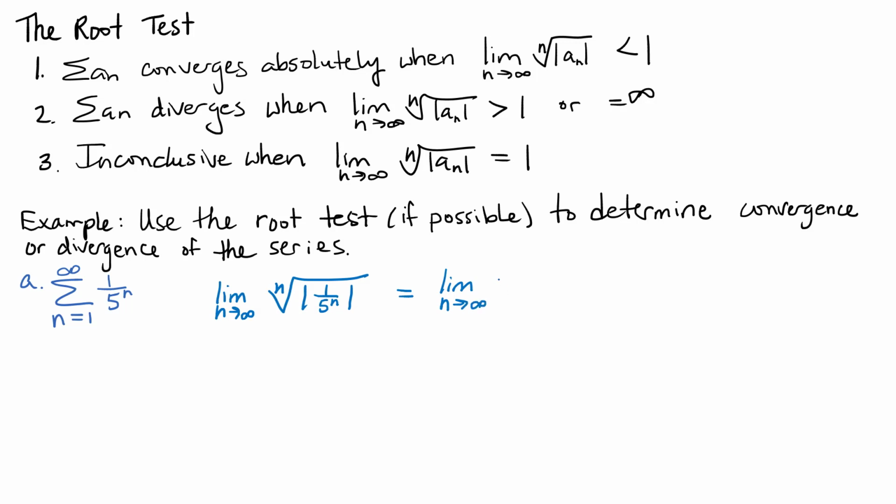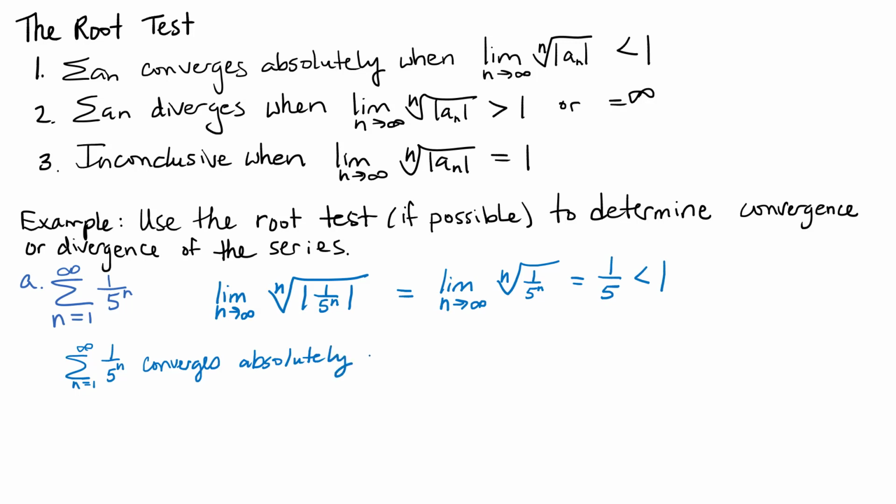The limit as n goes to infinity of the nth root of 1 over 5 to the n is going to be 1/5, which is less than 1. So we can say that this series, n equals 1 to infinity of 1 over 5 to the n, converges absolutely by the root test.